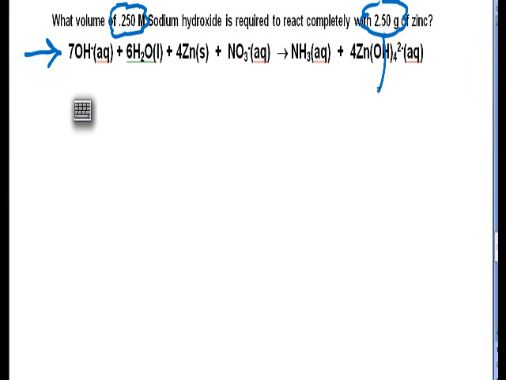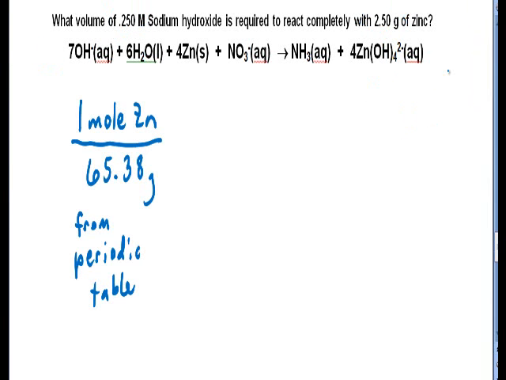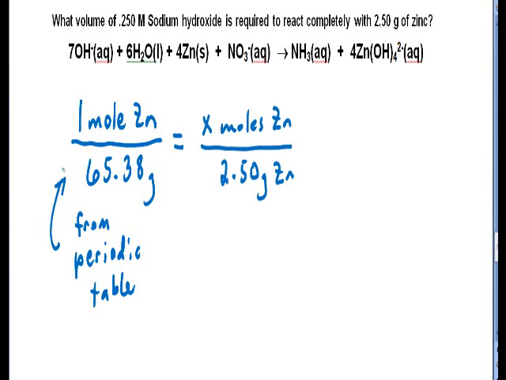Our first course of action is we want to find out how many moles of zinc we have present in our 2.50 gram sample. From the periodic table, we can find that 1 mole of zinc has a mass of 65.38 grams. This allows us to begin setting up a ratio and a proportion that we can use to find out how many moles are present in our 2.50 gram sample of zinc.